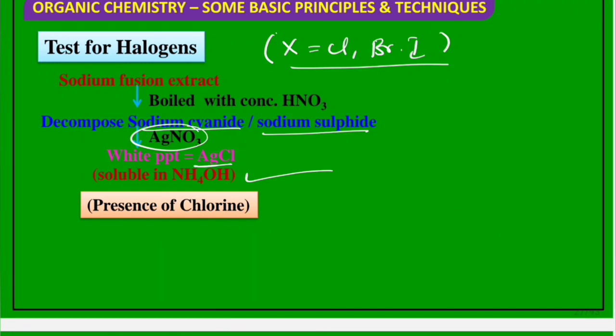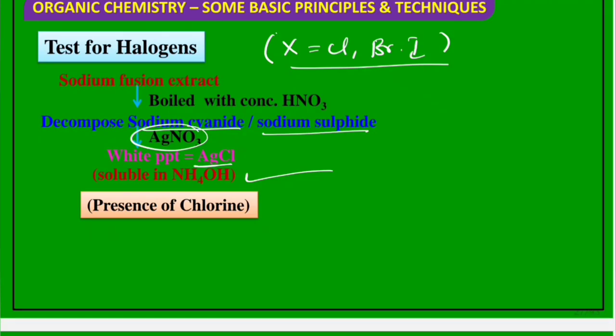A white precipitate is formed. If the white precipitate is soluble in ammonium hydroxide, NH4OH, it indicates the presence of chlorine. This is the test for chlorine.